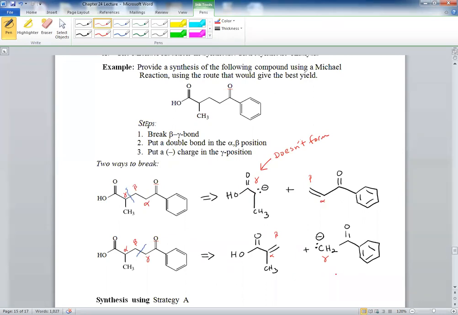And as well as this one, if this one does form, guess what it will do? It will not attack the alpha beta unsaturated carbonyl. It will actually attack the proton. It will deprotonate. So therefore, this strategy fails.